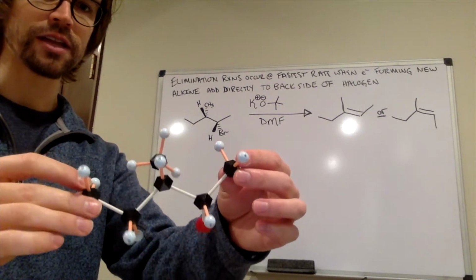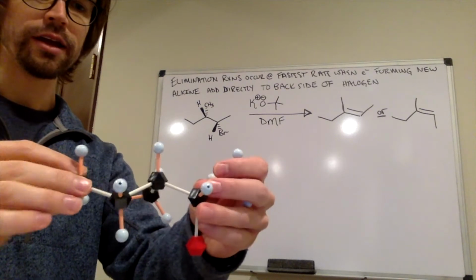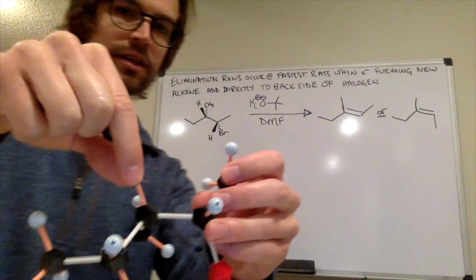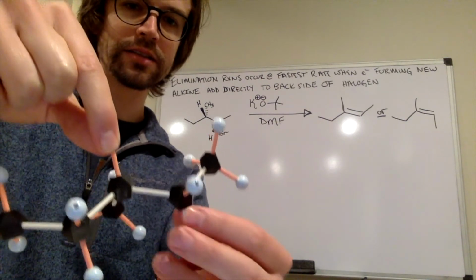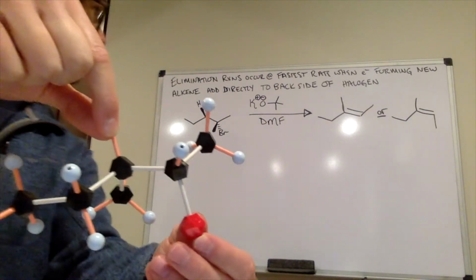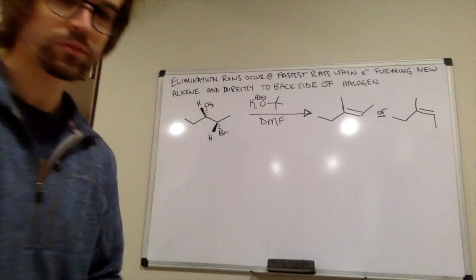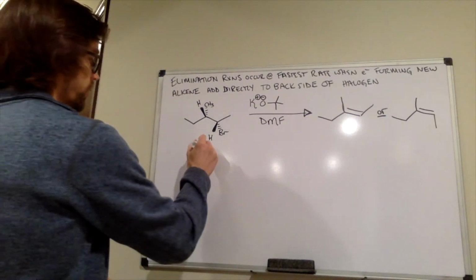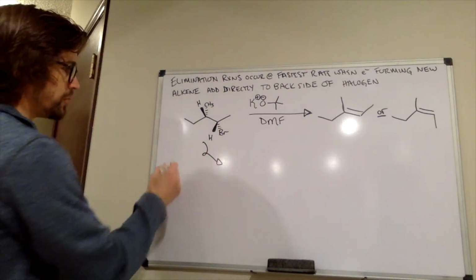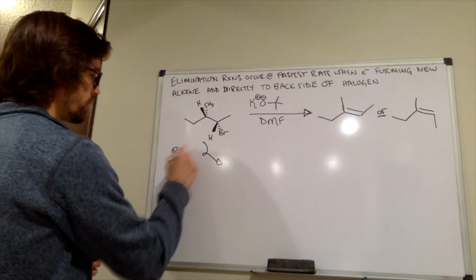It's just the slightest rotation, but essentially I'm showing that this carbon-hydrogen bond here is on the back face of this carbon-bromine bond there. So we're just redrawing the molecule a little bit. I'm just going to do this little loop to indicate that we're redrawing.